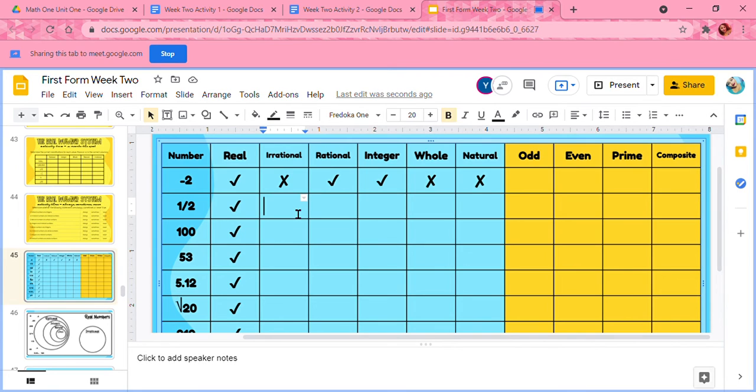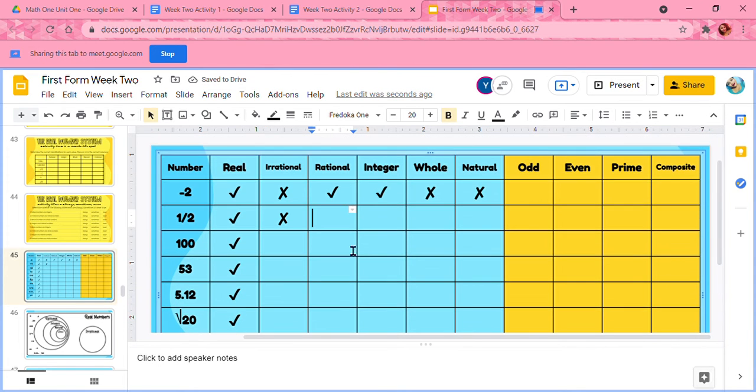Easy, right? Very, very easy. Let's do the other one: one half. Is one half irrational? No, it's not. Very good. Is half rational? Yes, it's rational.